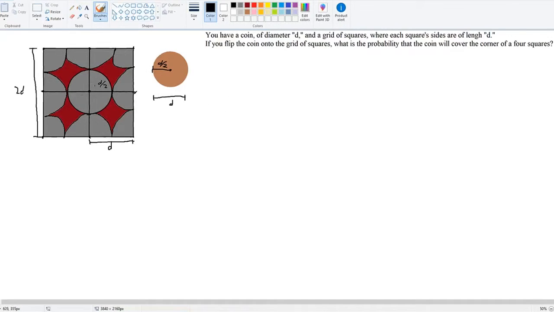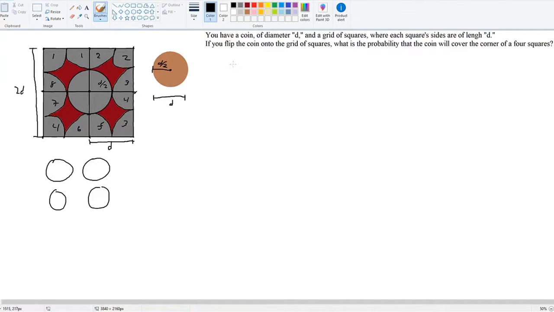So the area of this is going to be equal to the area of some number of circles of radius d over 2, and we have 1, 2, 3, 4 quarters, so that's one circle, and we have one in the center there, so that's 2 circles, and we have another 1, 2, 3, 4, 5, 6, 7, 8 quarters there, which is another 2 circles.